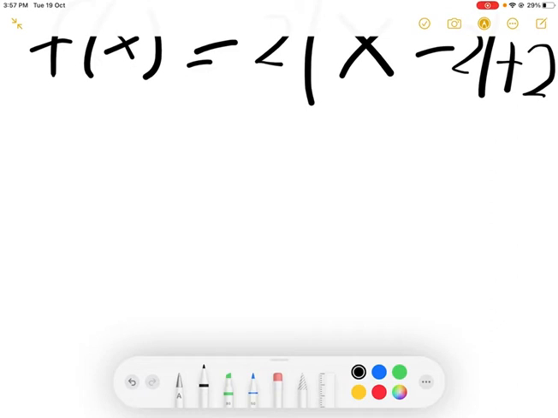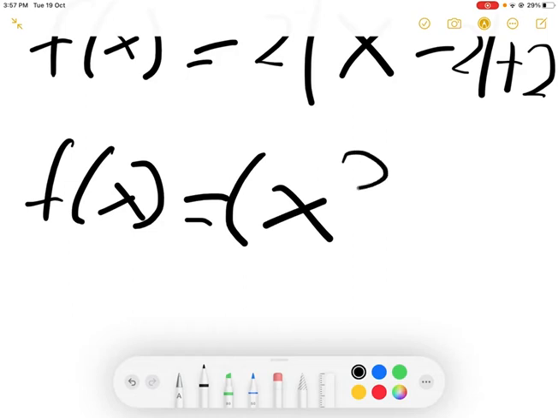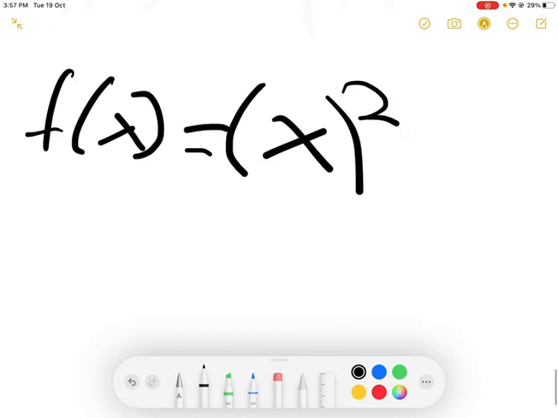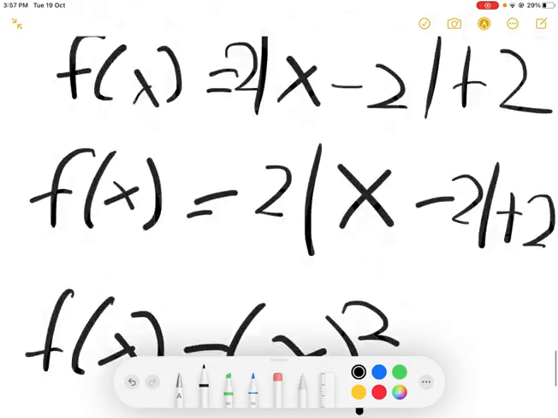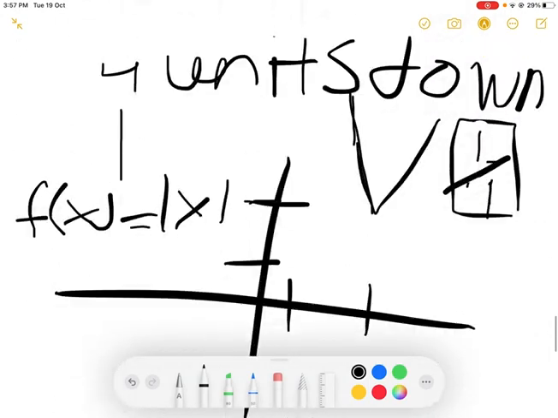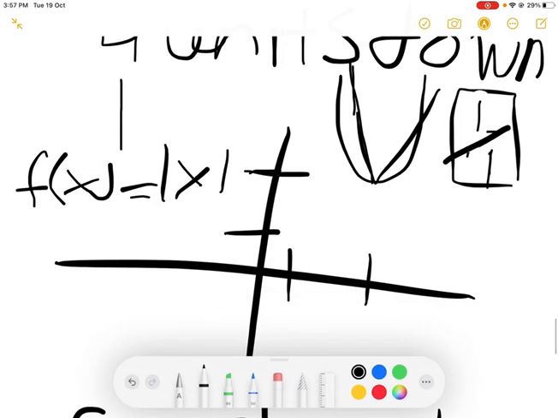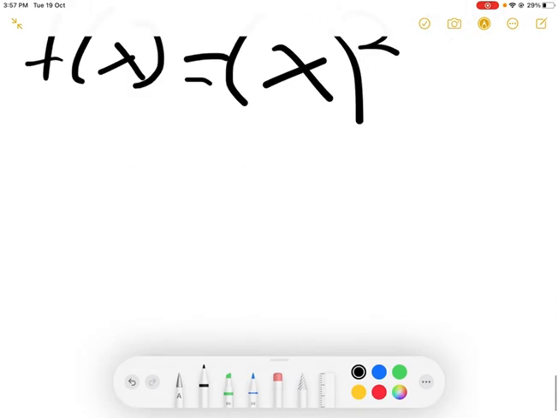The same thing applies to the other equation. Let's say the quadratic function f(x) = x squared. If it was graphed in the same location, but as a parabola instead of an absolute value, you just do the same thing, because the main equation is x minus h.